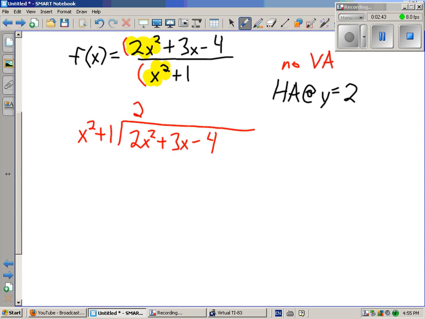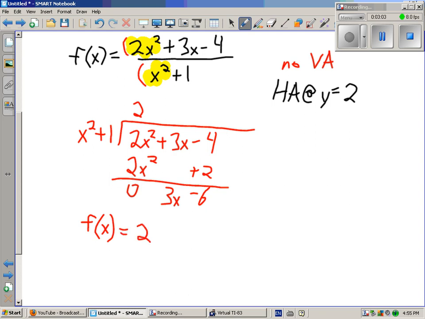We get a 2, multiply it out, we get 2x squared plus 2, 3x, this becomes 0, we wind up with 3x minus 6. x squared is not going to go into 3x minus 6, so we wound up rewriting our function as f of x is equal to 2 plus our remainder, 3x minus 6, divided by what we were originally dividing by, x squared plus 1.